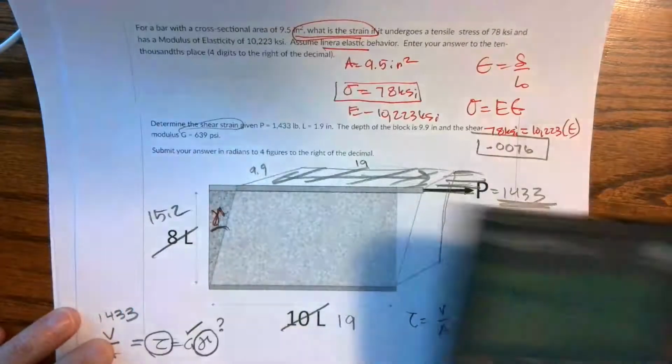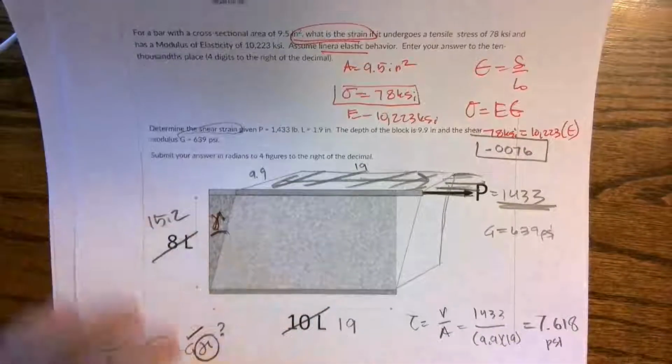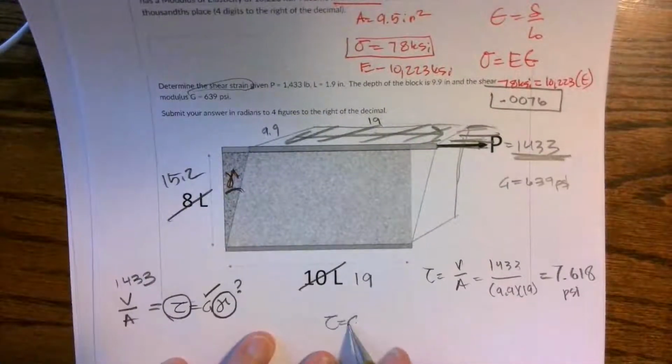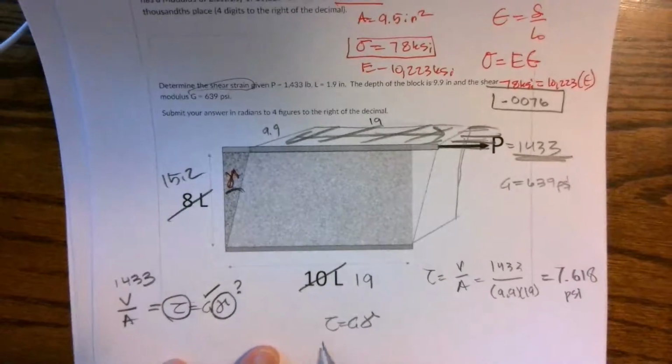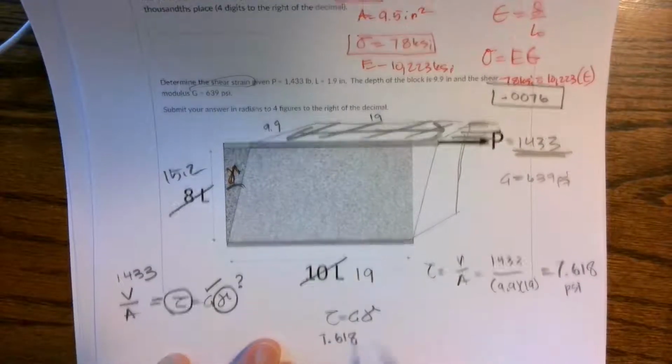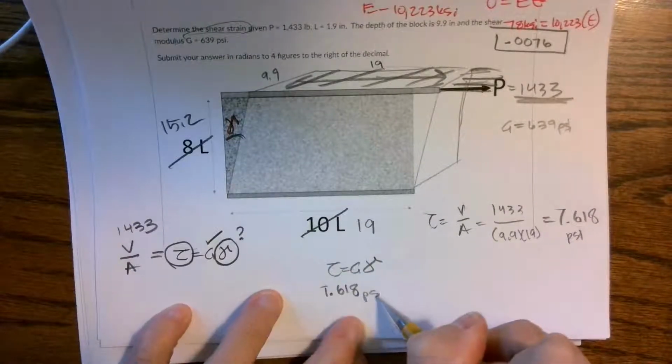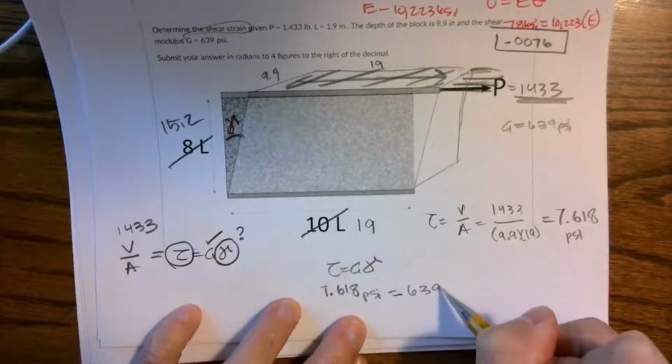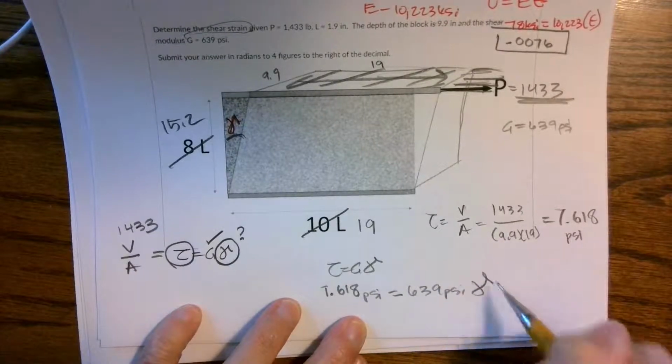Okay, and I'm given a G, so shear stress equals G times shear strain. So 7.618 psi equals 639 psi times shear strain.